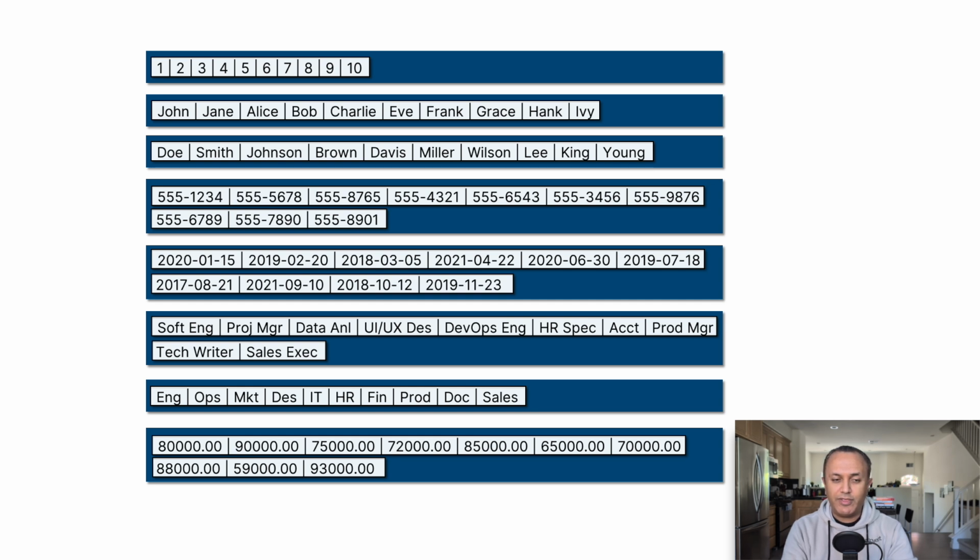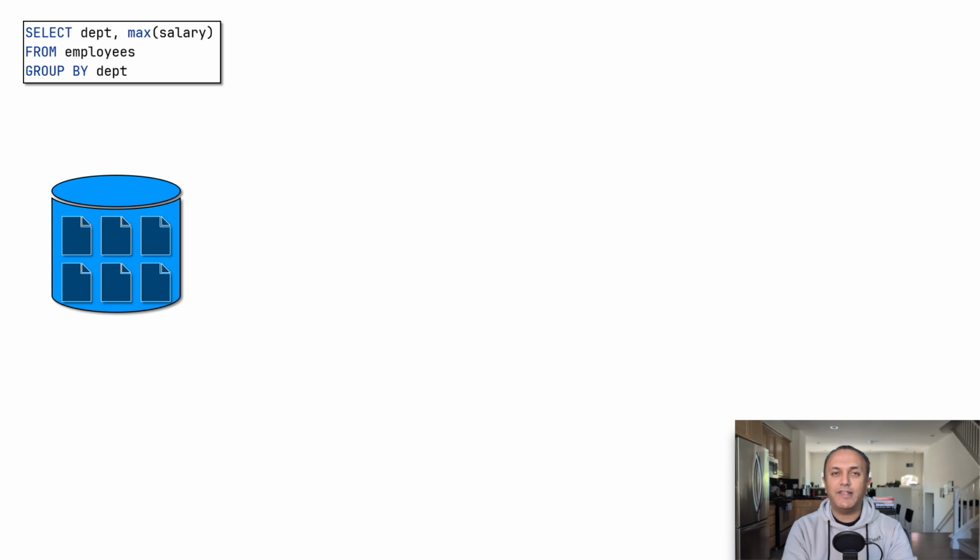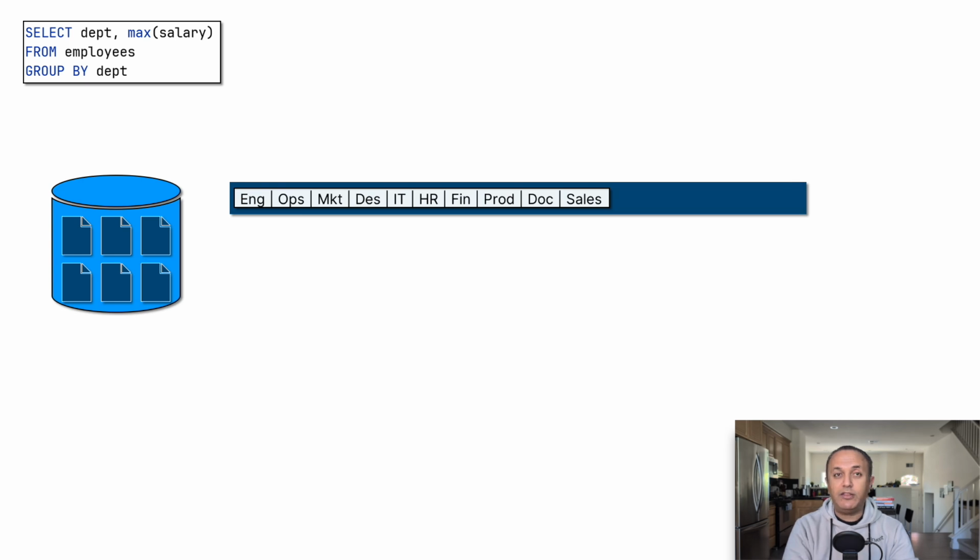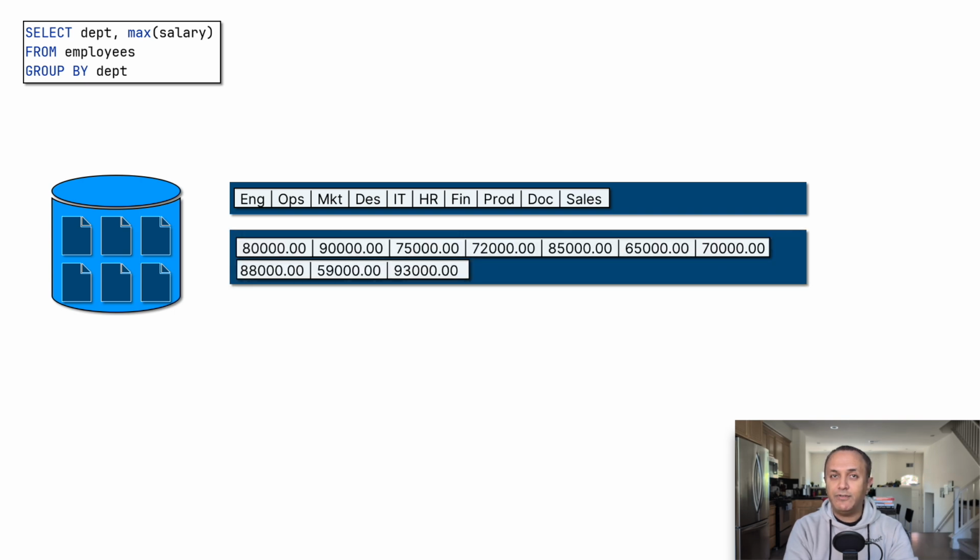So let's look at the query that we had a problem with, this analytical query: select department and max of salary from employees group by department. When we did this on the row store, remember that we had to scan the full table only because we needed these 2 columns. Now, if we're storing the data in a column-oriented fashion, then all we need is to read the values for the department and the values for the salary.